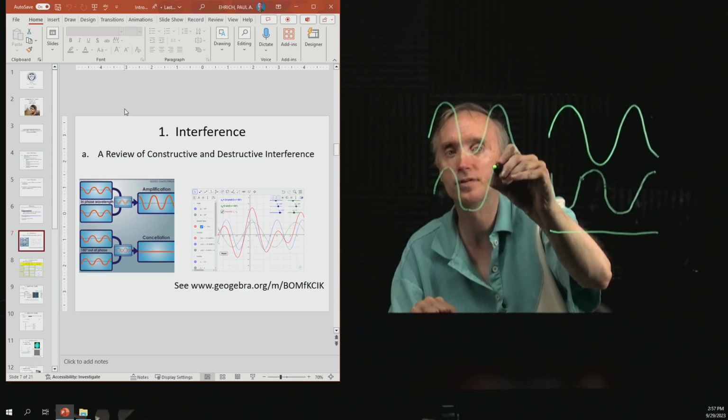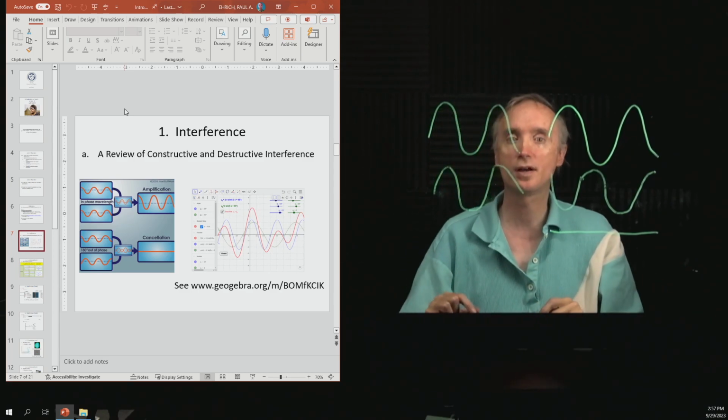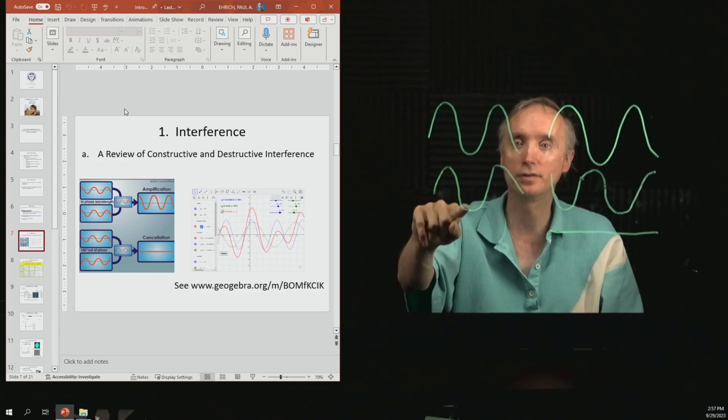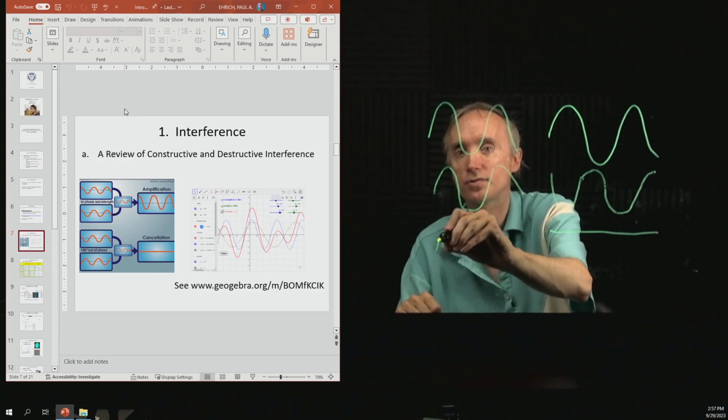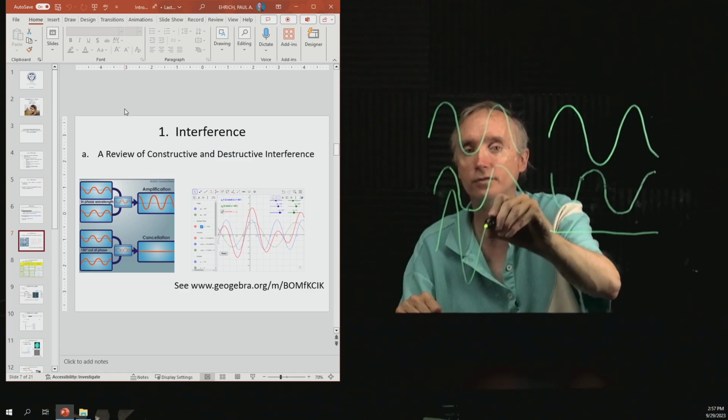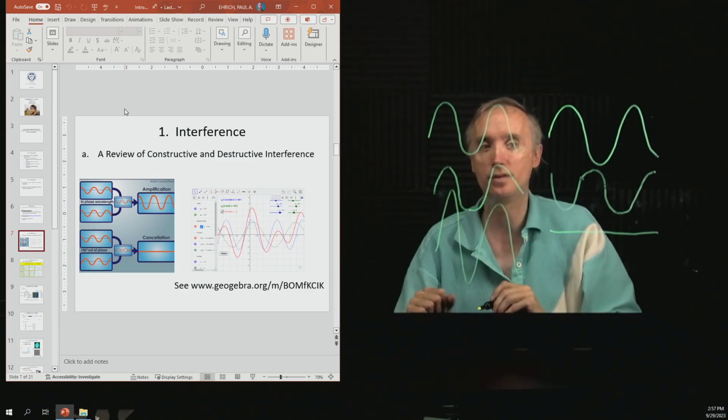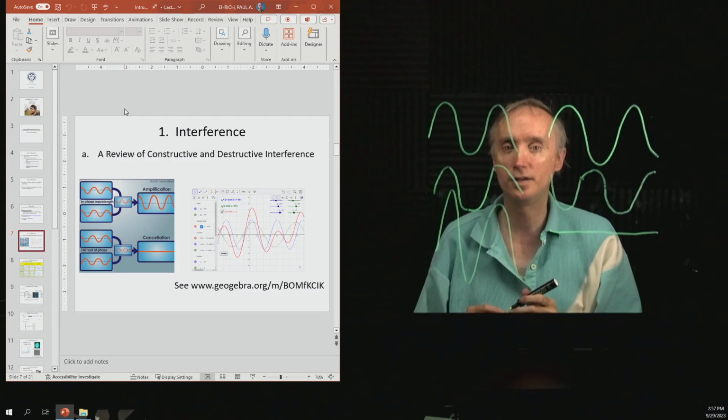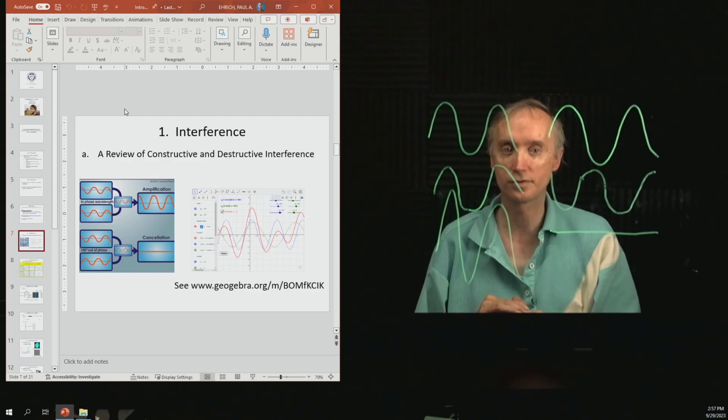So this time, when you add them together, you get an extra tall wave. So it's going to be something like this. So that's going to be constructive interference.